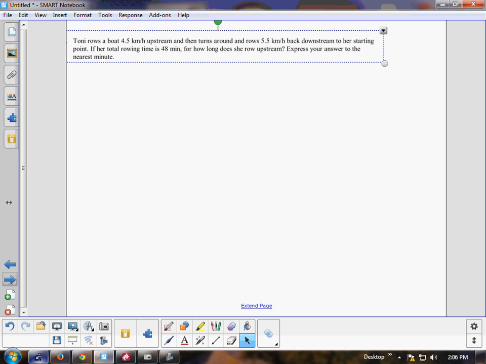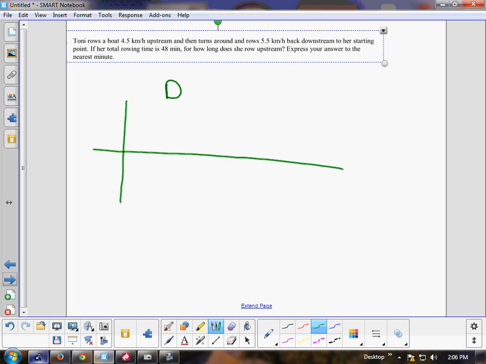The last question is going to be a bonus question on the quiz. Tony rows a boat upstream. We're still going to use distance equals rate times time. Tony rows a boat upstream at 4.5 kilometers per hour, then turns around and rows back at 5.5 kilometers per hour, upstream and downstream, starting from the starting point.